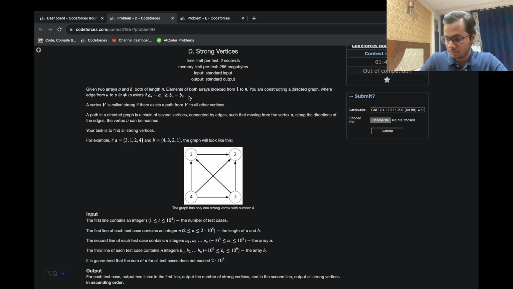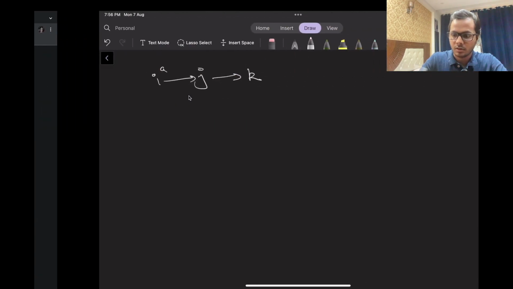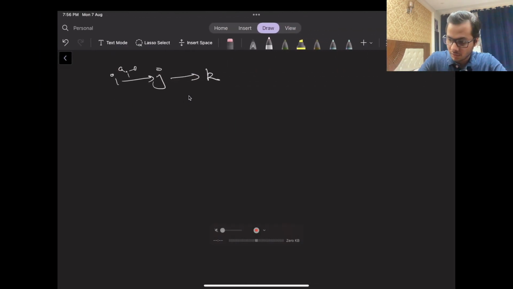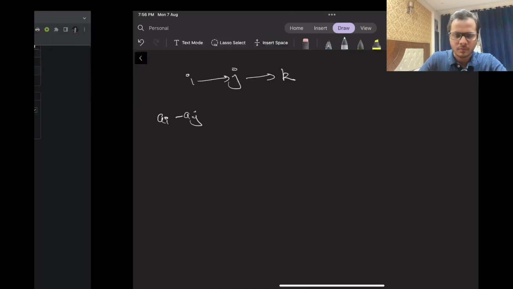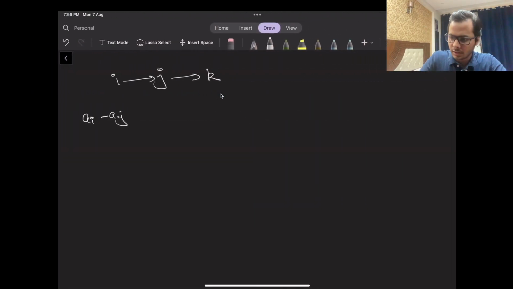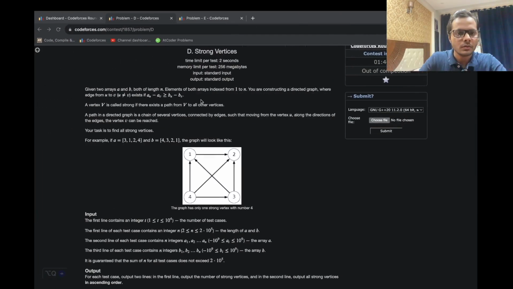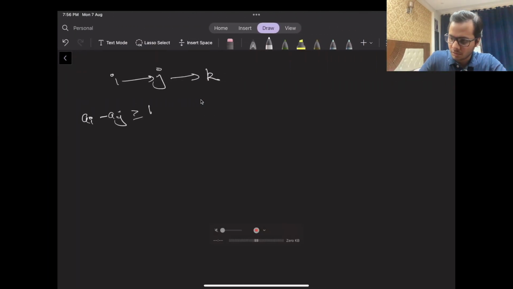Oh, okay. So this value is denoted by AI minus AJ. It's greater than or equal to BI minus BJ, and AJ minus AK is greater than or equal to BJ minus BK.